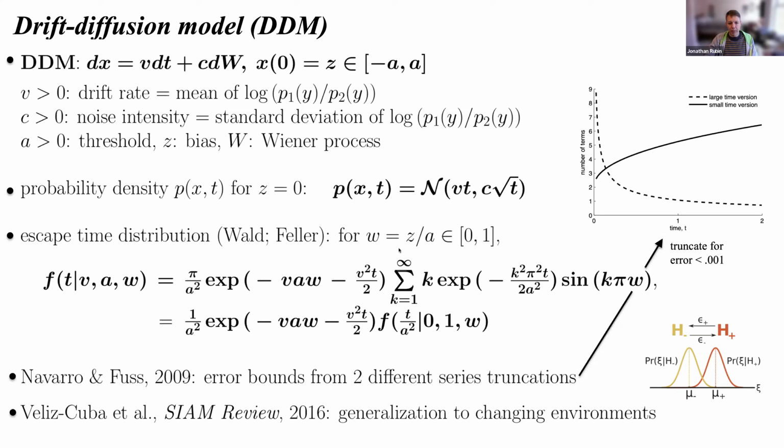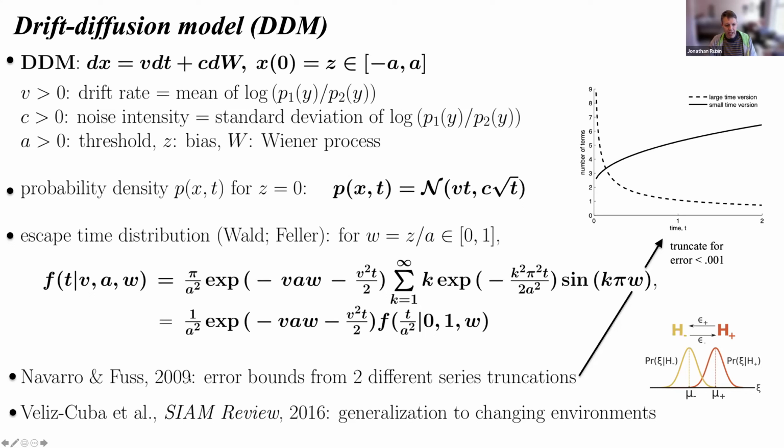And then from there we can derive an escape time distribution. That was done a while ago. Mathematically this is pretty nice, even though it's an infinite sum, because if you define this ratio of bias to threshold, then you can express this in a recurrent way. So the escape time that you derive is this infinite sum, but you can describe it in this recurrent way.